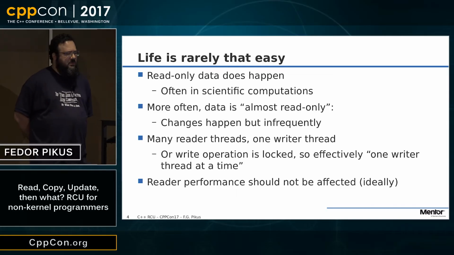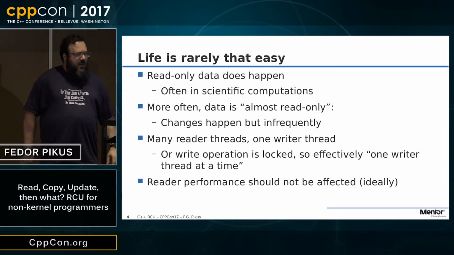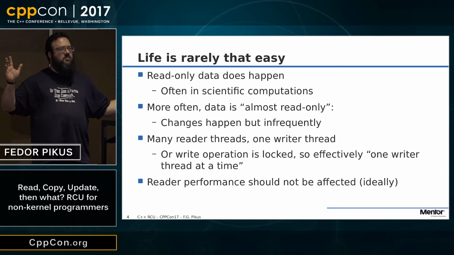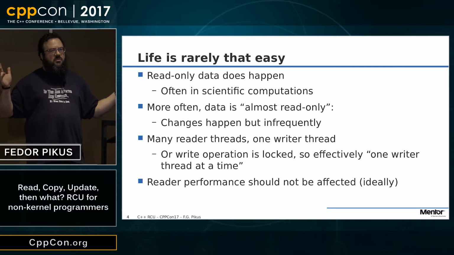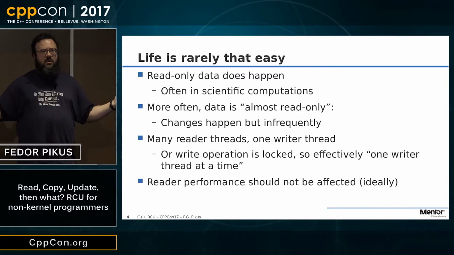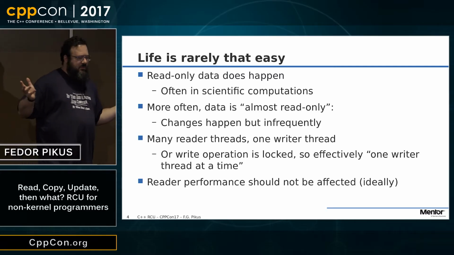You're limited on reads. Now, ideally, what you would like is, let's say you have gigabytes of data, and once per hour you update a few bytes. It stands to reason that it should be practically the same as read-only as far as readers are concerned. At least that's what you would like.